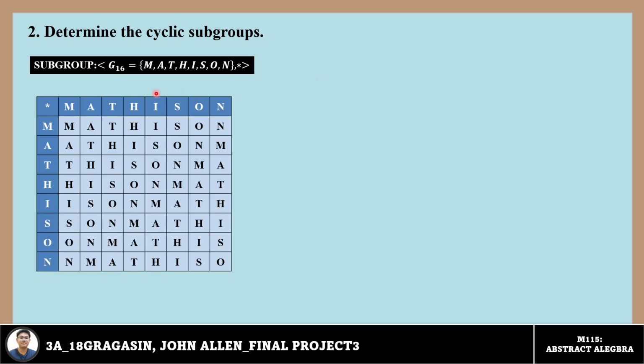And then next, we have the subgroup G sub 16 with elements M, A, T, H, I, S, O, and N under the binary operation star.